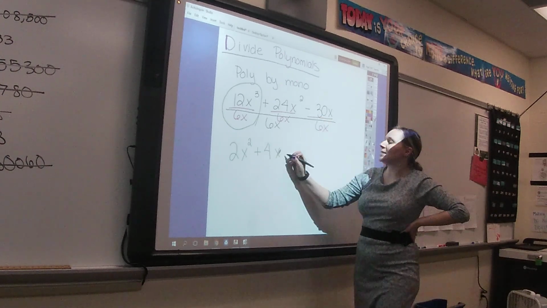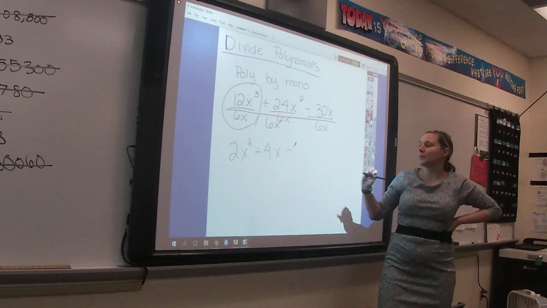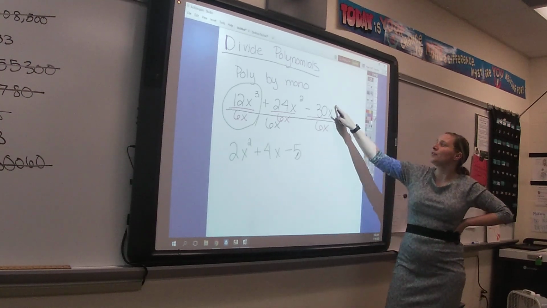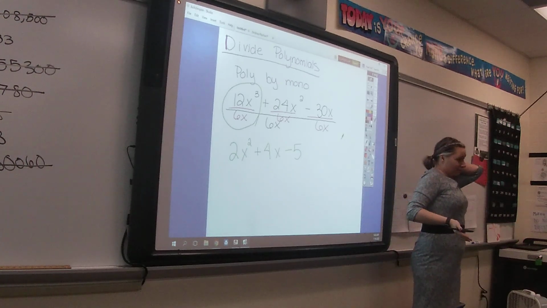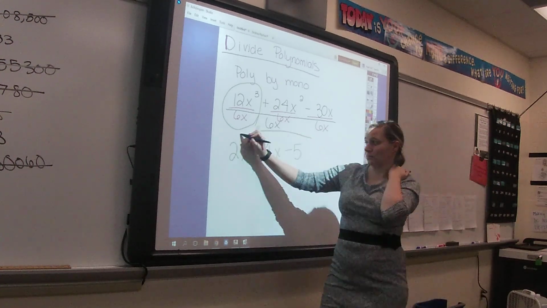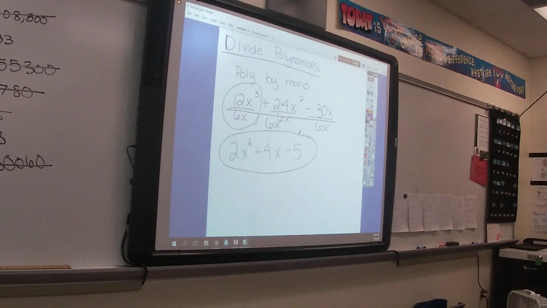And then we'll do the last piece. Negative 30 divided by 6 is negative 5. 1 minus 1 is 0, so it goes away. That's our answer.